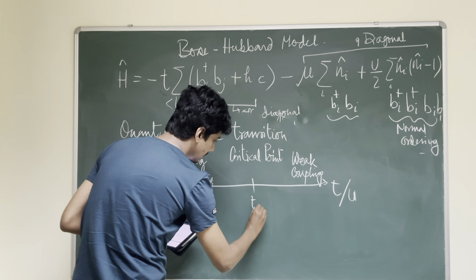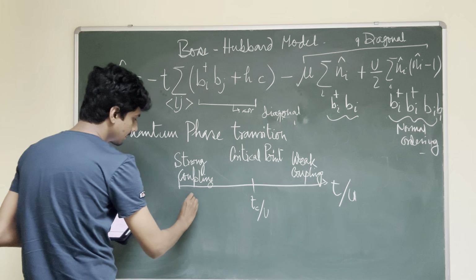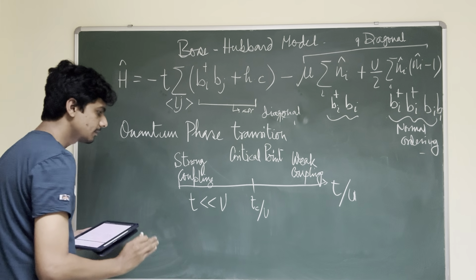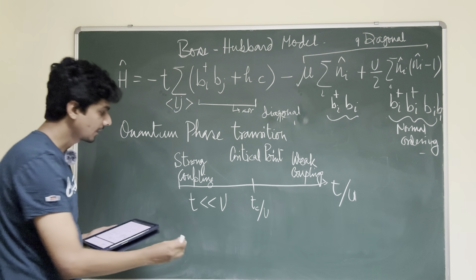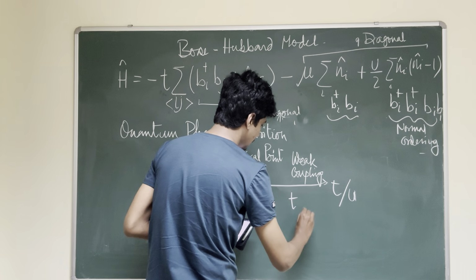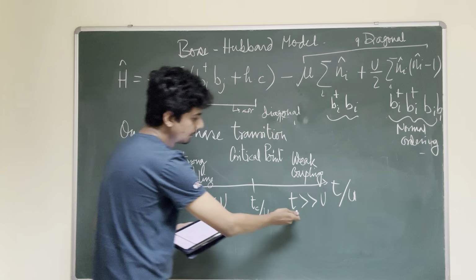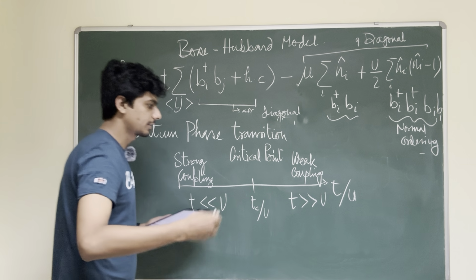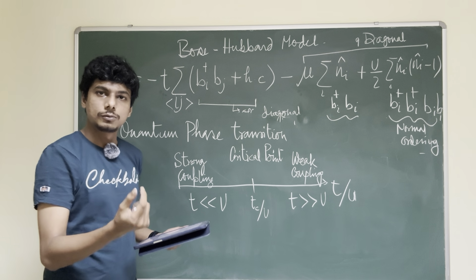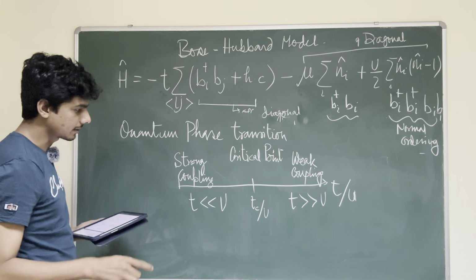Here is T_c/U, the critical hopping. In this section, strong coupling means the hopping rate is much smaller than the on-site interaction, so T is less than U, and the weak coupling regime means T is much greater than U. Here the hopping probability is much larger than the on-site interaction, and the on-site interaction holds the particle to live on that lattice point. So that's why we can think of this kind of structure.